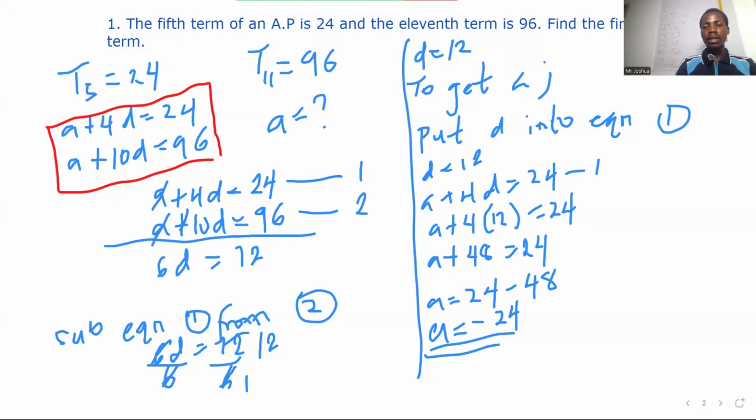That is going to be a negative number. So it's possible you have a negative value for your a. And provided we follow the right step, that is going to be our final answer for this question. So our first term is minus 24. Done with.